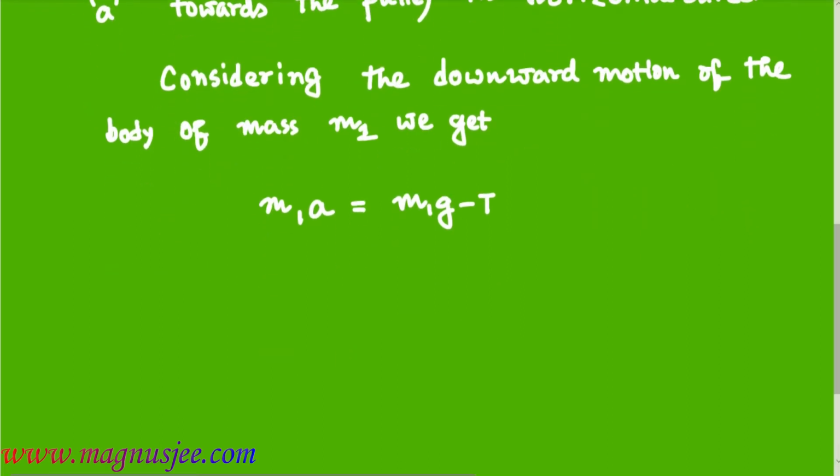Hence, net downward force acting on the body of mass m1 should be m1g minus T, or T equals m1g minus m1a.